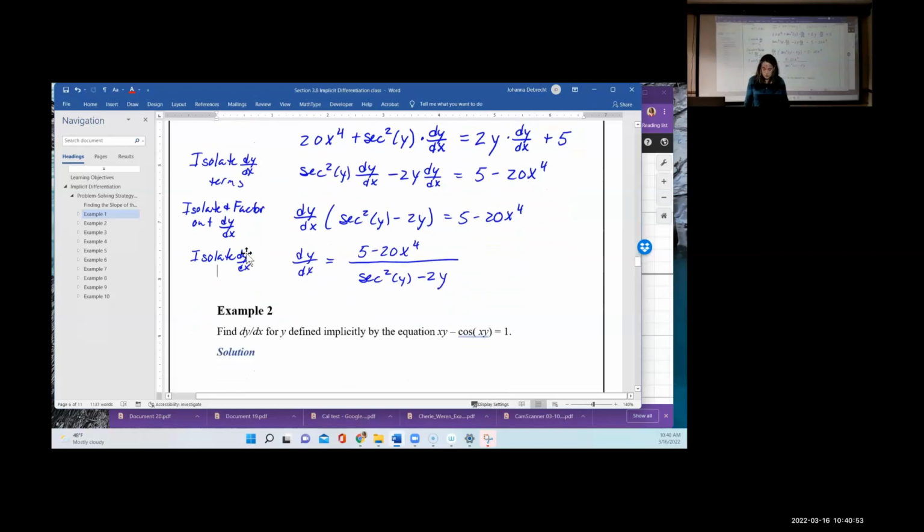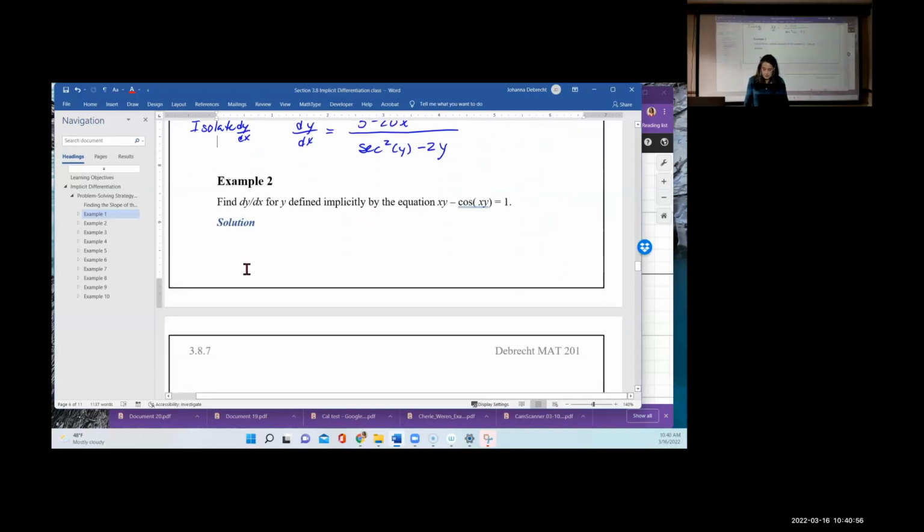All right. Let's take a look at one more example. We want to find dy/dx for the implicit equation xy minus cosine of xy equal 1. So we're going to take the derivative of both sides.